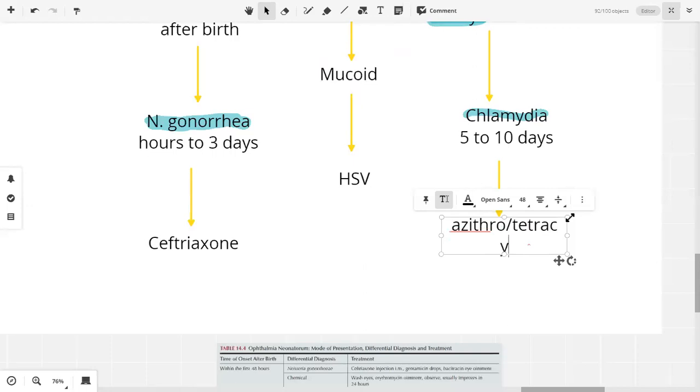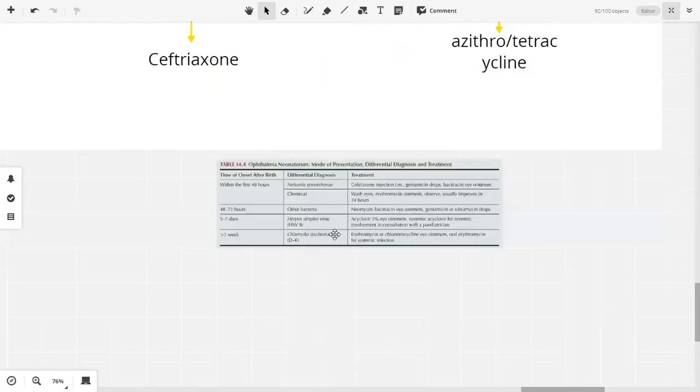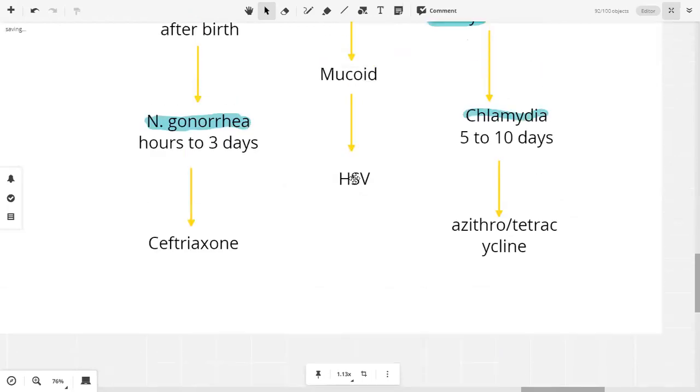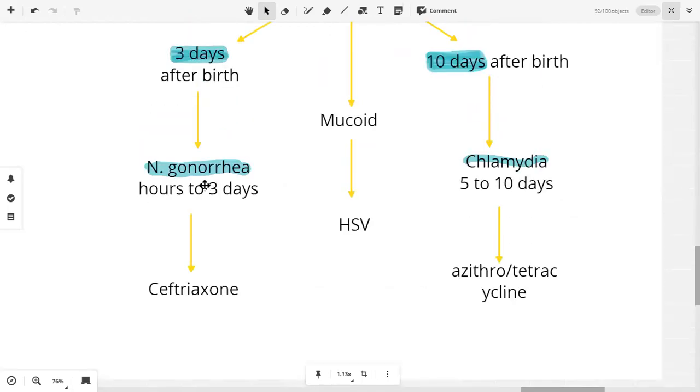There's an important thing which you have to remember, that in 50% of cases, there can be a co-infection with both Neisseria gonorrhea and chlamydia trachomatis. अब आपके पास एक पेशेंट आता है, छोटा बच्चा, the mother says he presents to you at the 8th day of his life. Mother says कि तीसरे दिन इसको होना शुरू हो गया था.